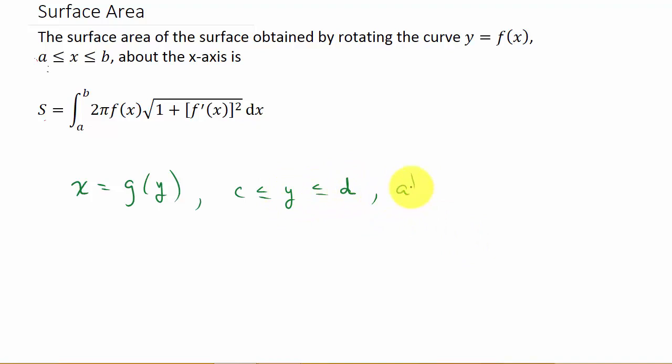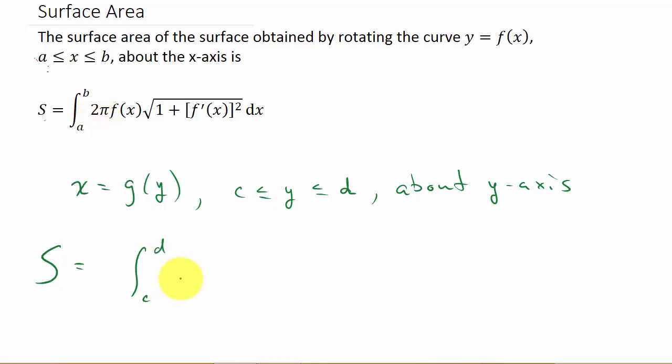We're revolving it about the y-axis. So our surface area would be the same thing as this. It's c to d, we're going from c to d.